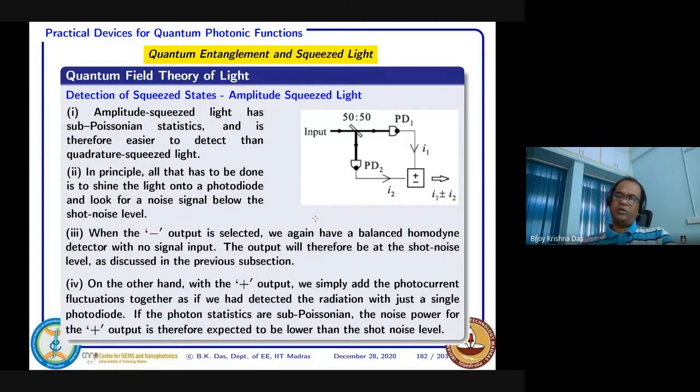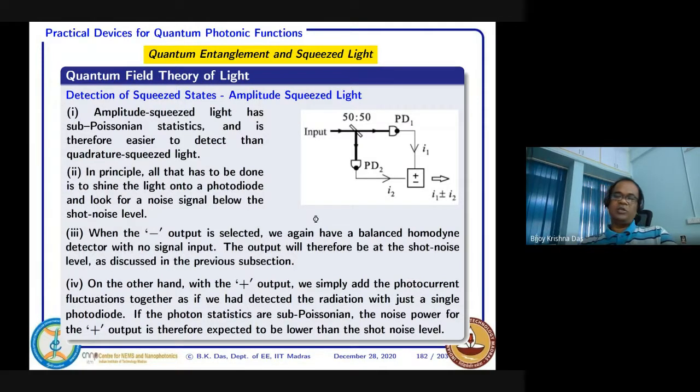You have to have your signal, and you need a local oscillator to measure whether it is squeezed or not. But if it is amplitude squeezed light, that is nothing but sub-Poissonian, right?